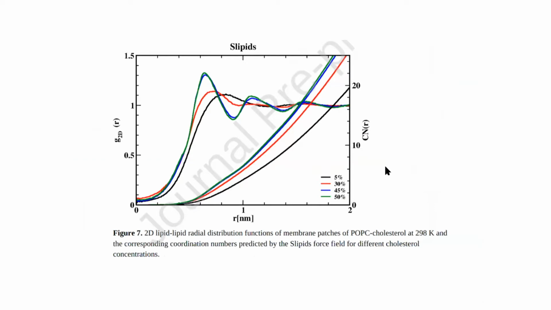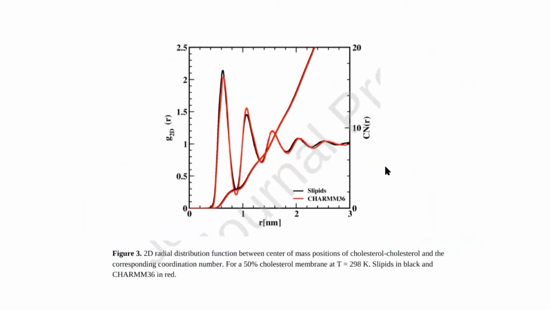And something very interesting: the radial distribution function is like sitting on a molecule or an atom and seeing the surroundings. For instance, this is cholesterols. That means I sit on a cholesterol and see how other cholesterols are arranged around it. This is the distance from the cholesterol.